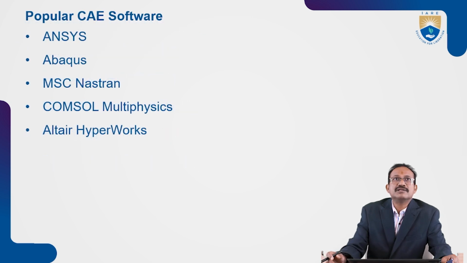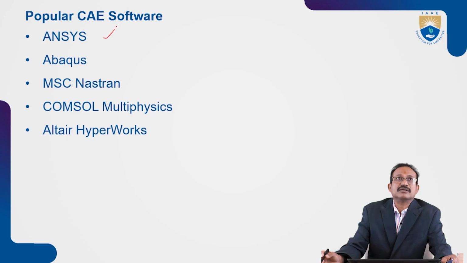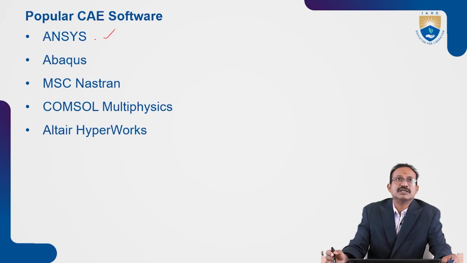Next, popular CAE softwares. Analysis softwares are ANSYS, Abaqus, MSC Nastran, COMSOL Multiphysics, and Altair HyperWorks. ANSYS means analysis systems, and most of the industries are using ANSYS only.